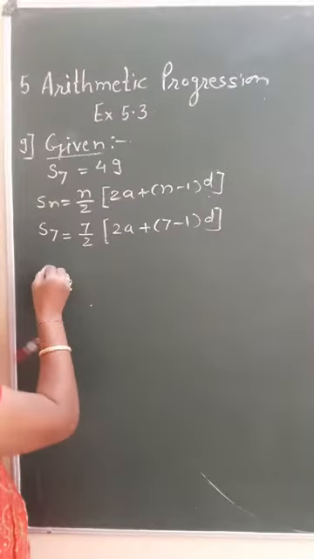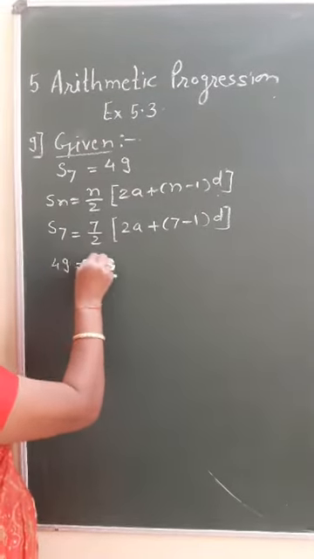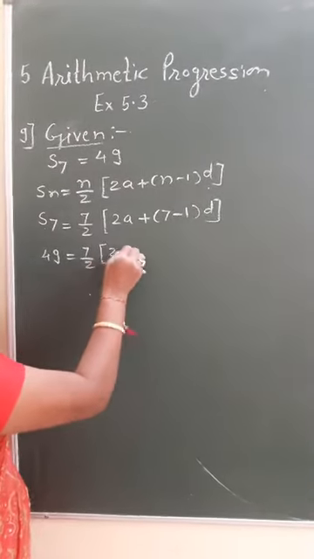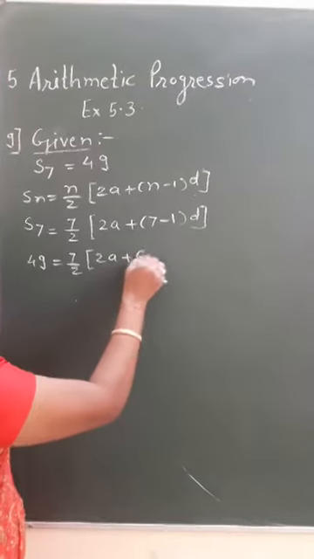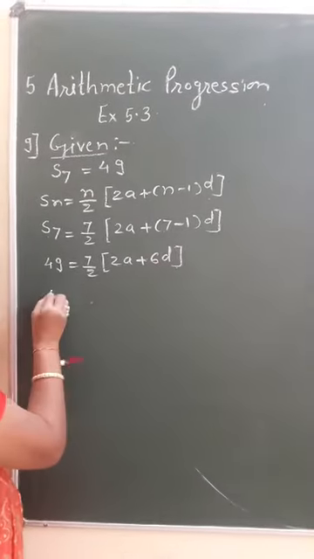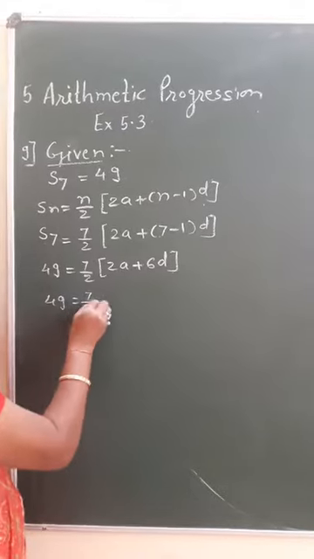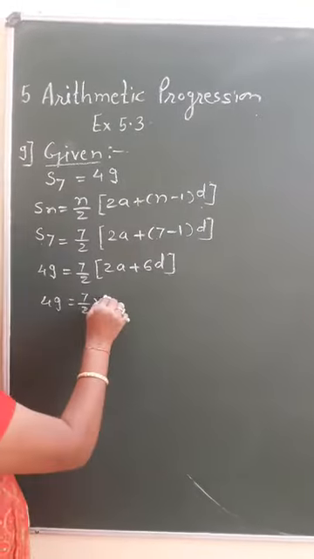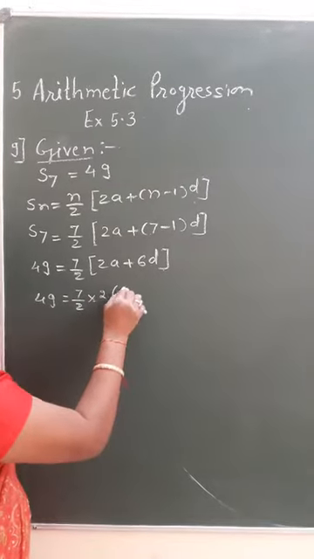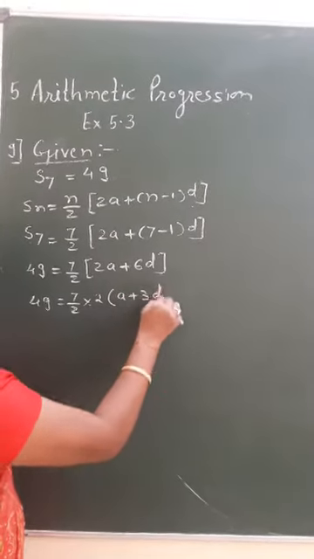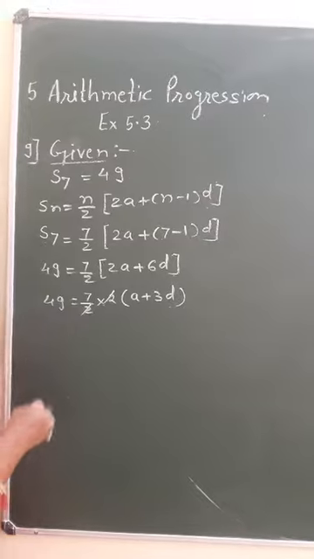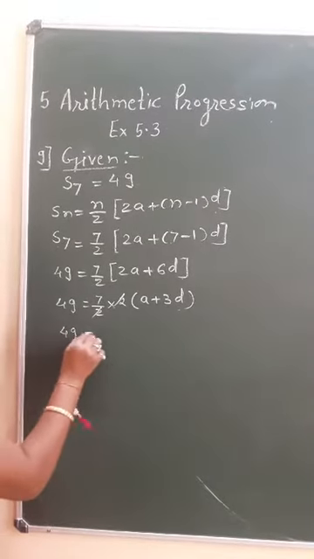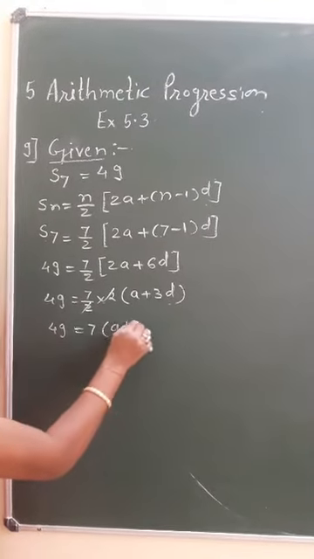So S7 they have given as 49, which is equal to 7 by 2, here is 2a plus 6d. Can we take 2 common? If we take 2 common, I will get a plus 3d and this 2 will cancel. 49 is equal to 7 times a plus 3d.